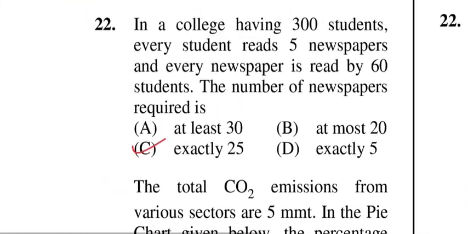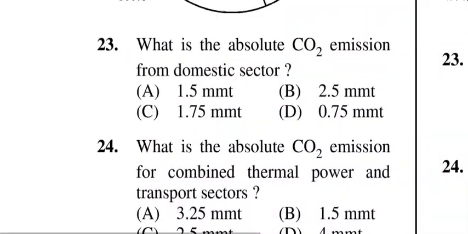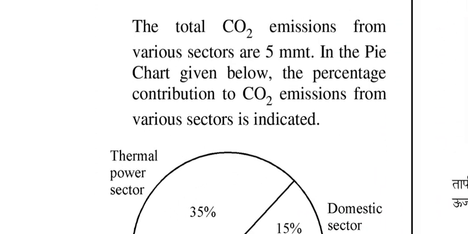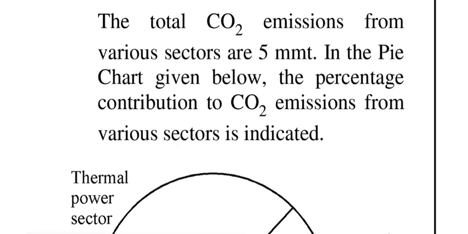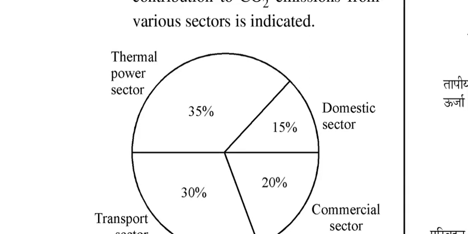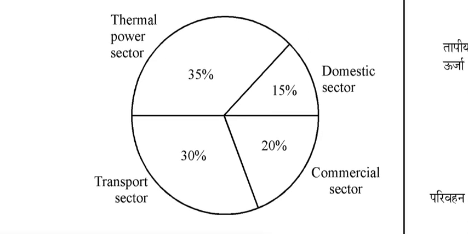Then we have this. The total CO2 emissions from various sectors are 5 MMT. In the pie chart given below, the percentage contribution to CO2 emissions from various sectors is indicated. In the box we have 1, 2, 3, 4. 35% is the largest, 15% is the smallest, 20%, and then 30%.